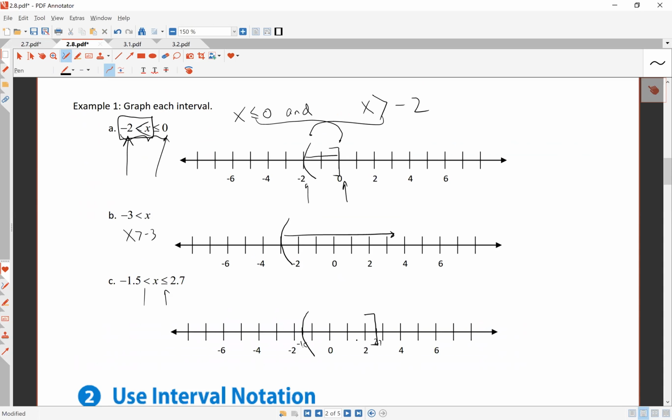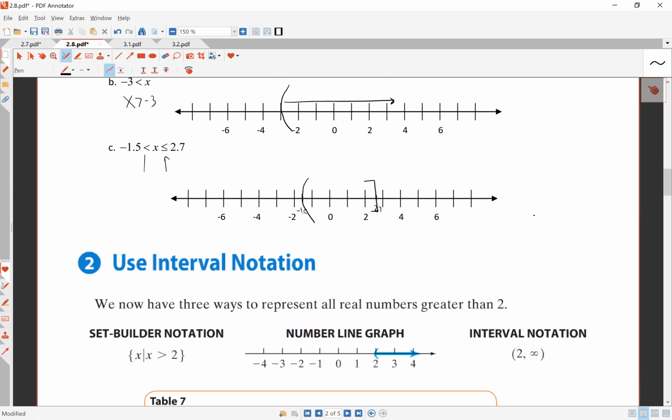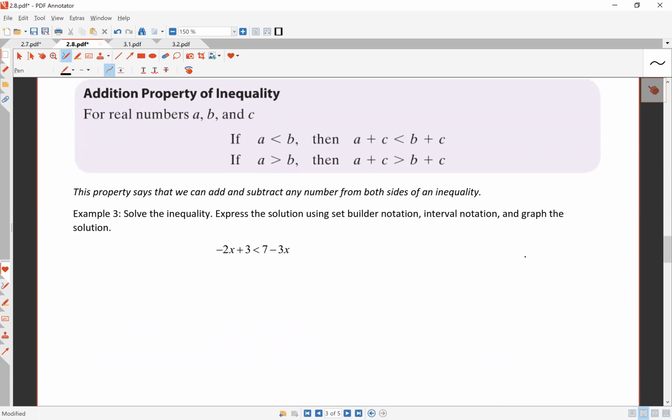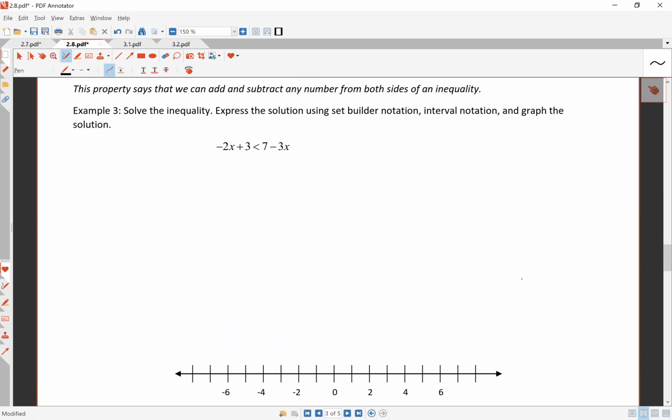I think so. Okay. We will now look at some examples. When you solve an inequality, you solve it just like you were solving equations.